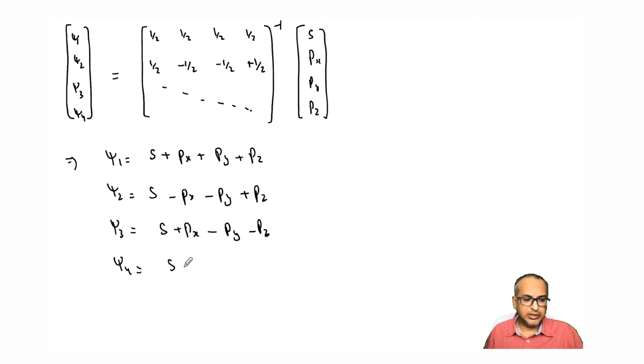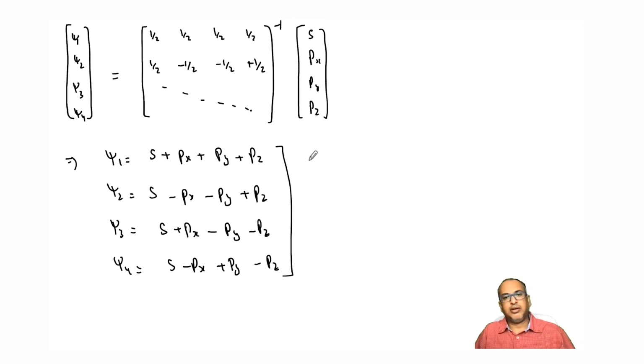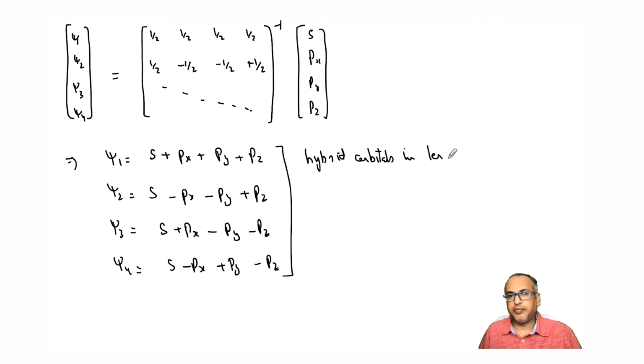Psi4 as S minus px plus py and minus pz, right? So now you have expressed hybrid orbitals, which you assumed to start with that they exist, in terms of atomic orbitals. Now you know the symmetry of these orbitals.